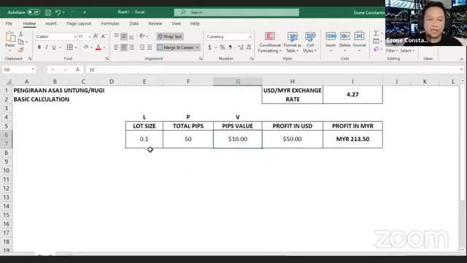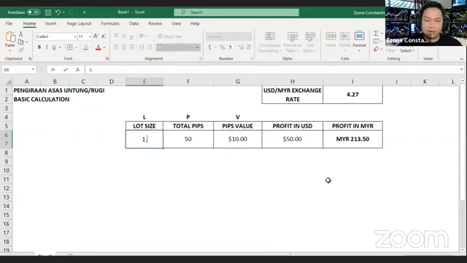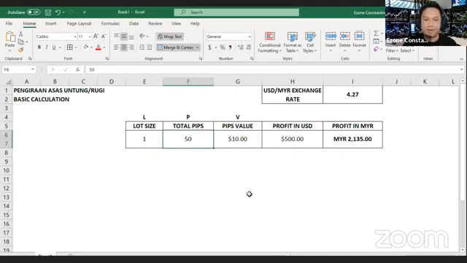Let's begin with your lot size. Assume that you're trading a very big lot size. This lot size is called 1.00, which is considered quite big. So with a 1.00 lot size, just now you made 111 pips. Remember, we talked about the distance, that you buy low and sell at the top.